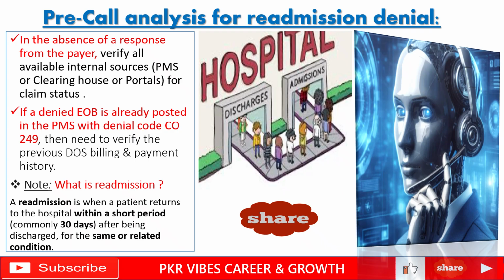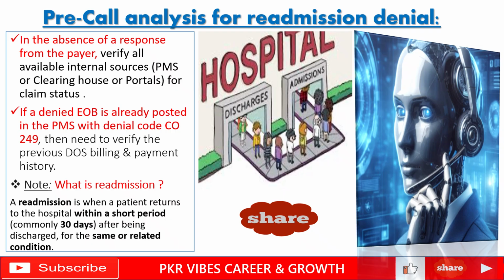So whenever a medical claim is submitted to the insurance, processed, and they deny the claim, the reason is that the patient was identified as a readmission. They say, that's why we are not giving any payment on this claim, because we already processed this kind of claim previously.